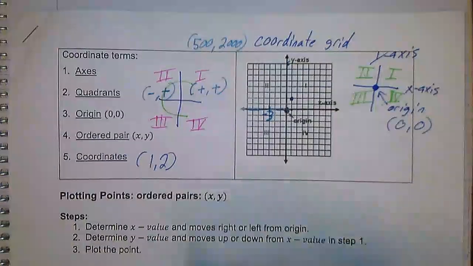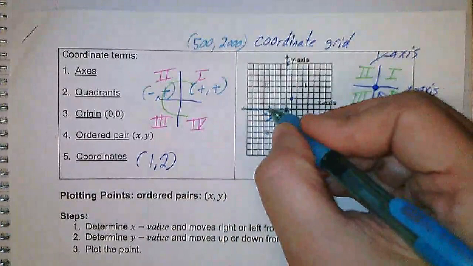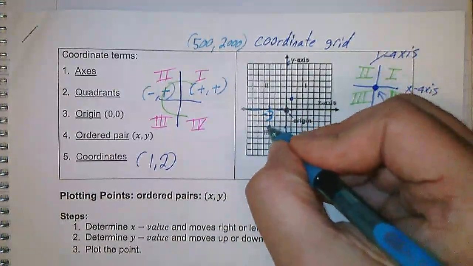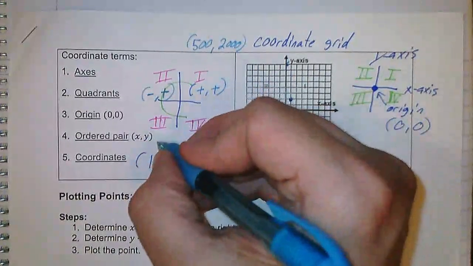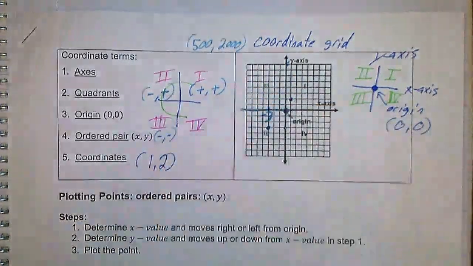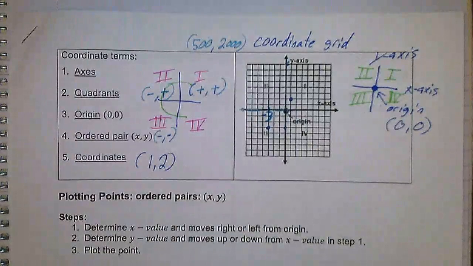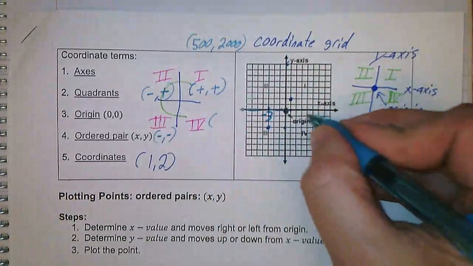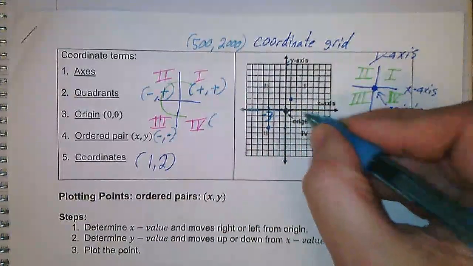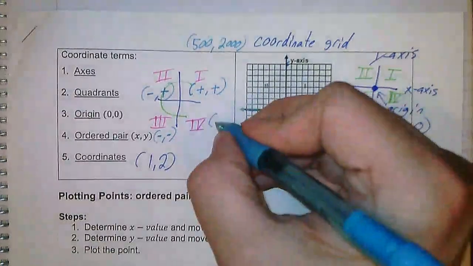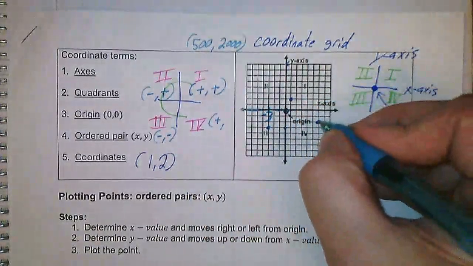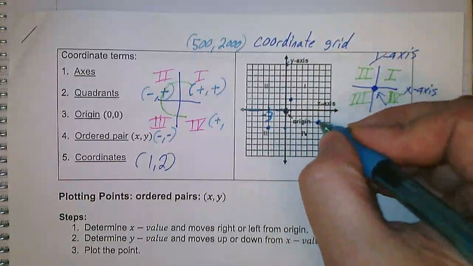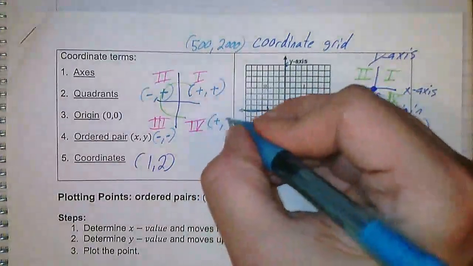In quadrant 3, something like -3, -3 would be right here. In quadrant 3, both the x and y are negative. And finally, in quadrant 4, if we're over here, we are in the positive realm for the x-axis to the right of 0, but we are below on the y-axis, below 0 on the y-axis, so that is negative for the y.